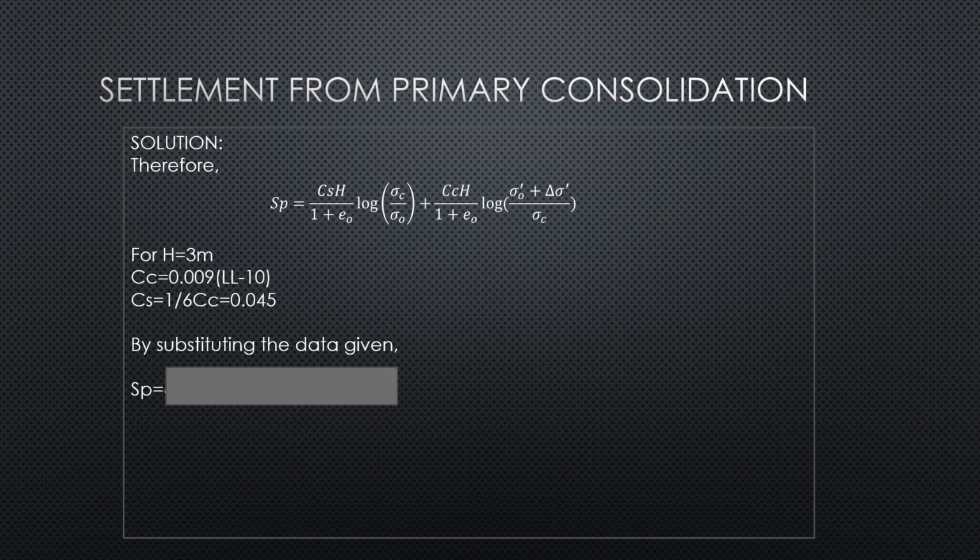Since the height is given, H will be 3, the height of the clay. Okay, we'll be considering the clay because we are studying the consolidation or the settlement in clay. Okay, and Cc, since the value is not given, we could compute it by 0.009 times liquid limit minus 10 because the clay is undisturbed.